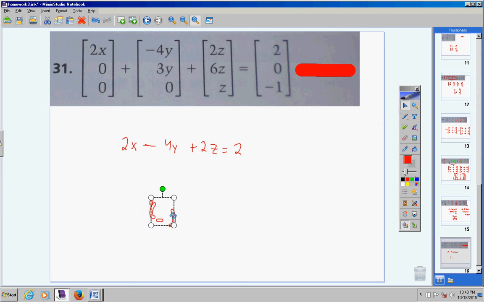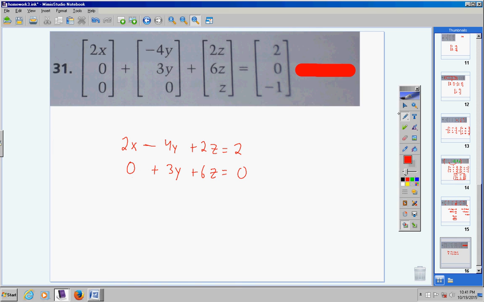Alright, now moving on. If we say 0 plus 3y plus 6z equals what? 0. Now, do we really need this 0 here?